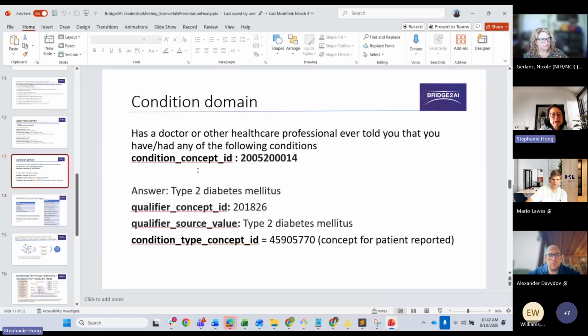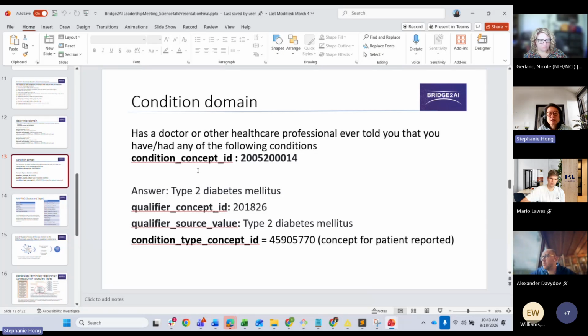So what I was saying is that when the question was asked and that response to that question results in an actual condition like type 2 diabetes, hypertension, or stroke, what we did was map both the question and the answer response, that we asked this question and this answer response was captured. We put that into the observation domain.